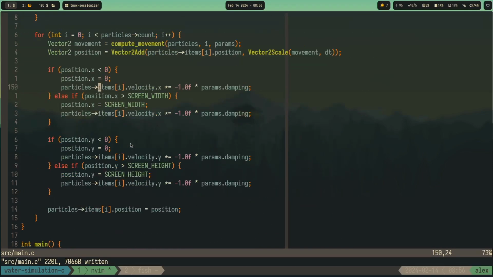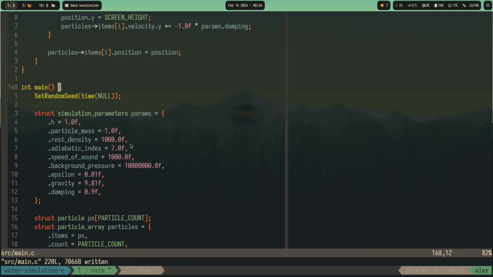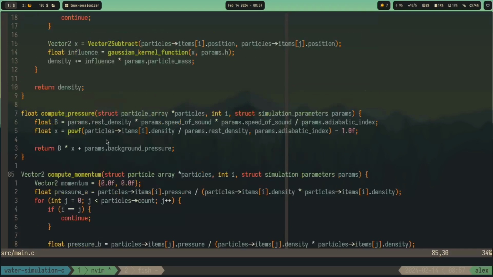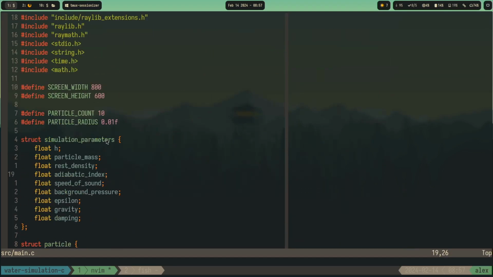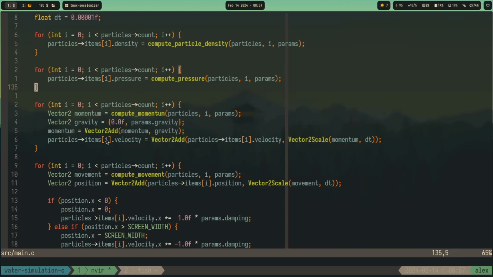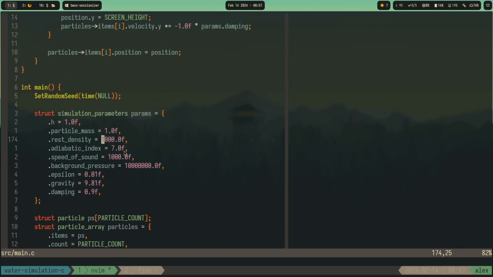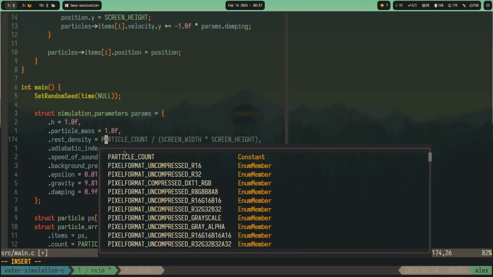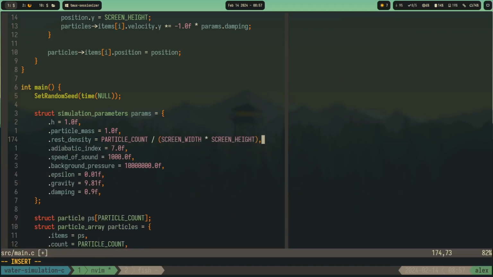So maybe should it be 0.5? Yeah, half the number of particles, divided by 2.0.